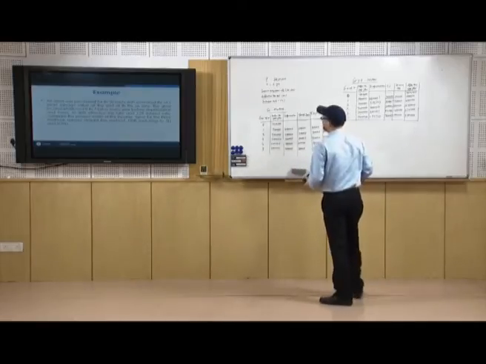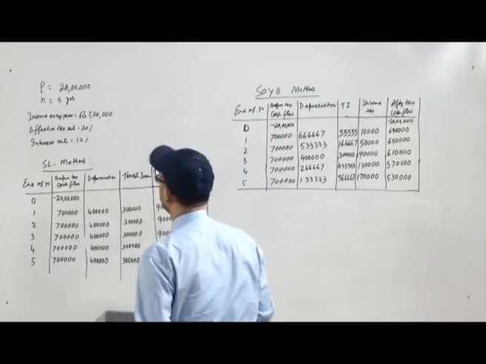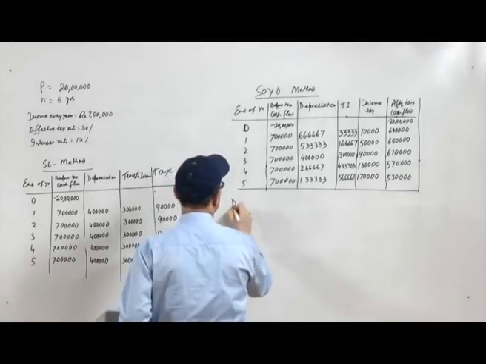Now, let us see the DDB switching to straight line.